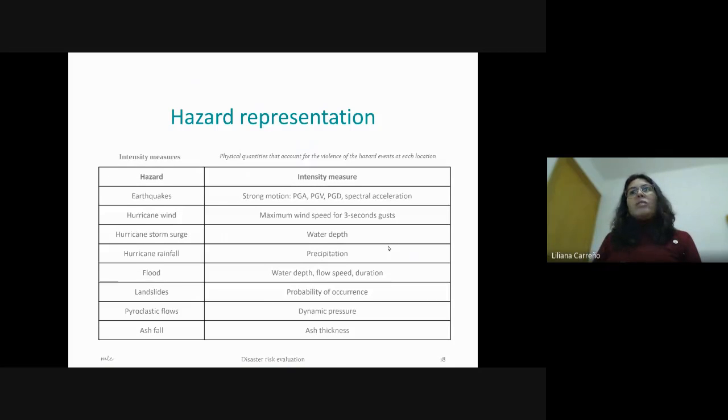So here you have some examples. For earthquakes, we are talking about peak ground acceleration, peak ground velocity, or displacement. In the case of hurricane storm surge, we are talking about water depth. And in the case of hurricane rainfall, we are talking about precipitation, and so on.